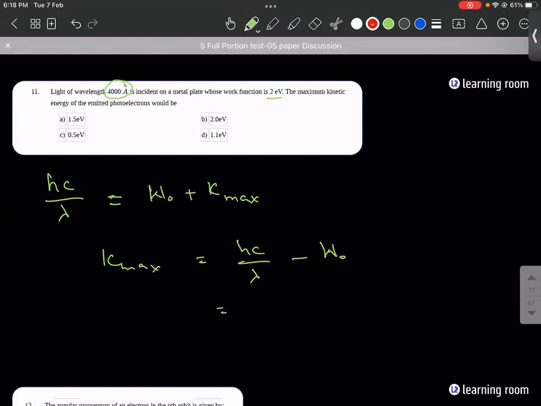How much will you get? 1.1. 1.1 is what you will get, correct? So since it's in terms of electron volt, just give me a minute. So you have to convert everything to electron volt and then solve it. So it is 1.1 electron volt.